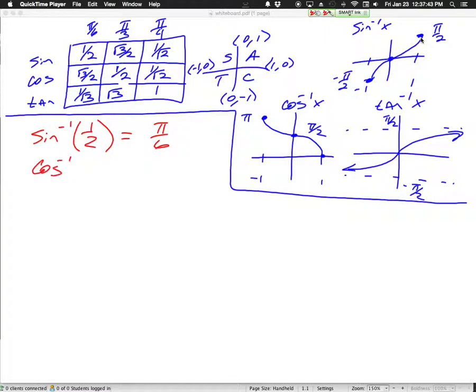So try inverse cosine of negative 1/2. Inverse cosine of negative 1/2.